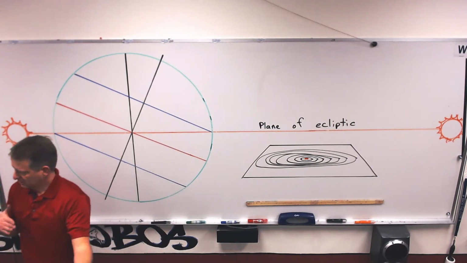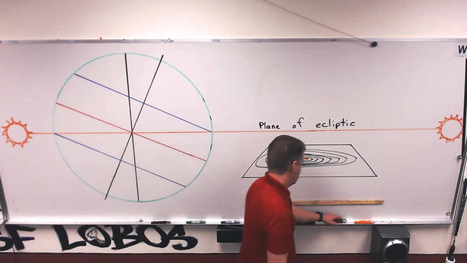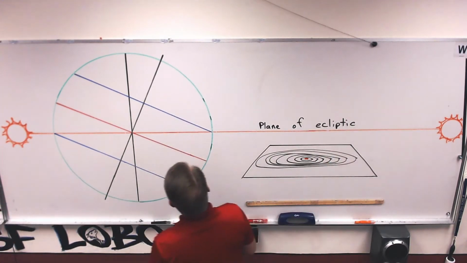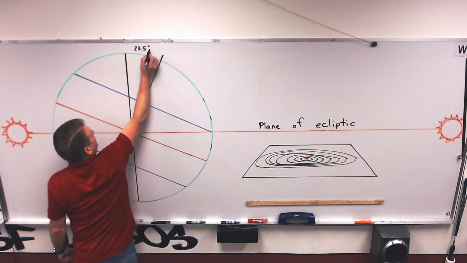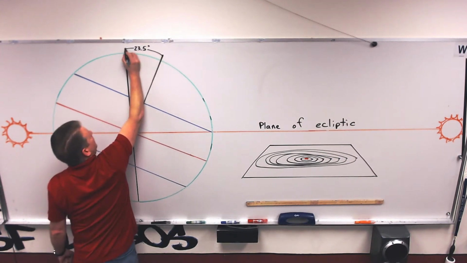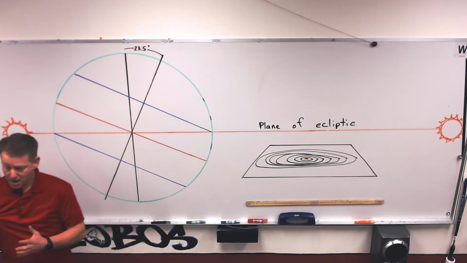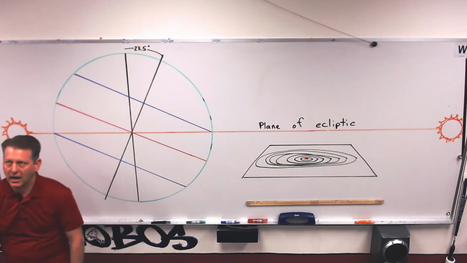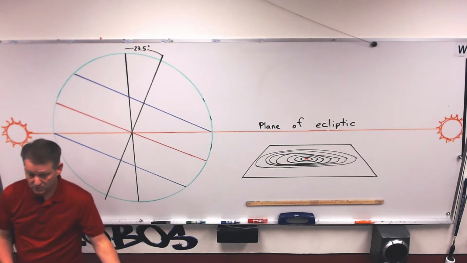How much is the Earth tilted? 23.5. Okay, good. So it's tilted right here, 23.5 degrees, right? But how do we know it's 23.5 degrees? No. I just told you. What's our foundation? What's our base?